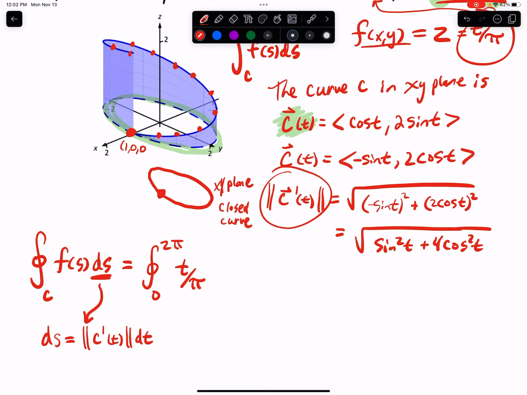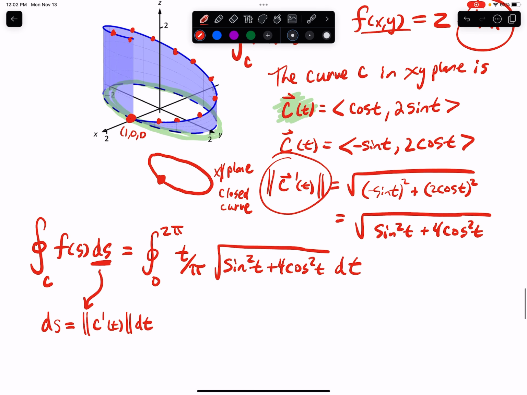That's the arc length parameter. ds equals the magnitude of the velocity multiplied by dt. So what is that for this problem? This problem is the square root of sine squared t plus 4 cosine squared t dt.